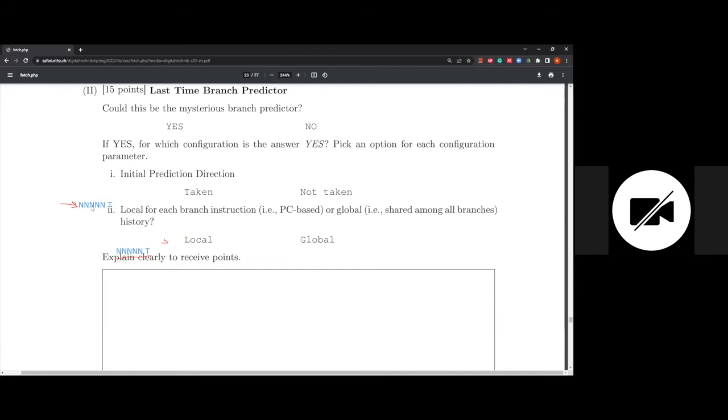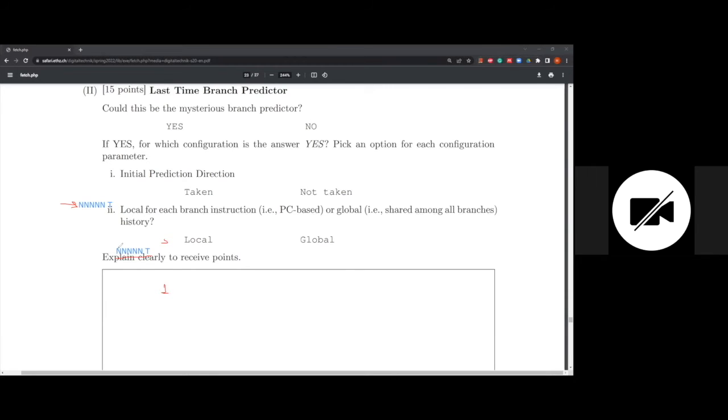So not taken, not taken, not taken, basically all the not takens will be correctly predicted in this case, and the only misprediction will be in this last T. So here we have one misprediction for the first branch. And for the second branch, again the same thing, except we'll have one misprediction at the end for this taken.